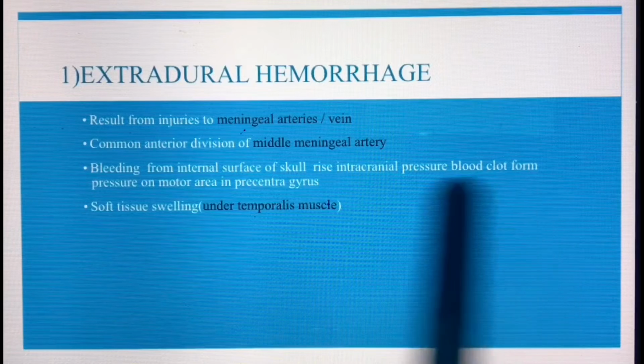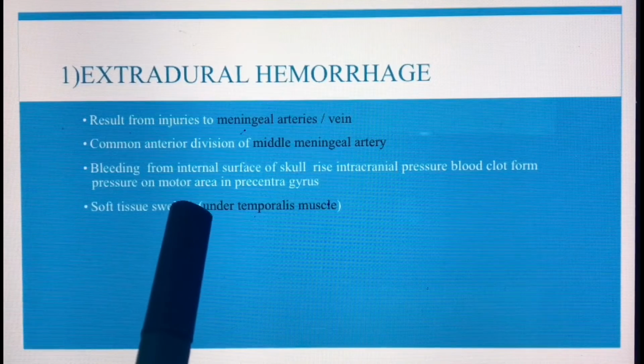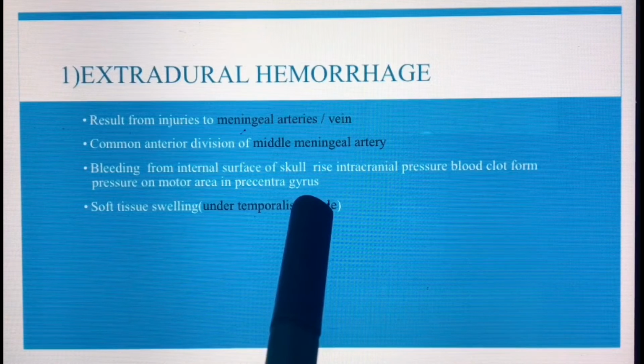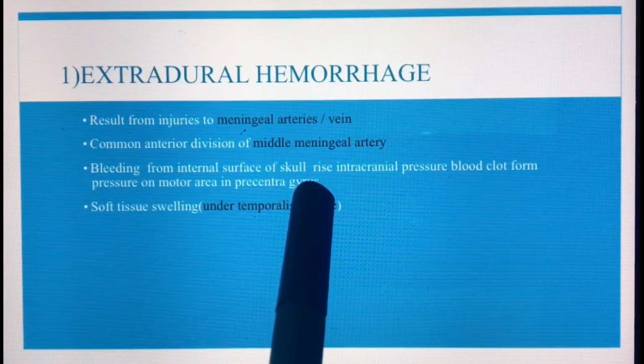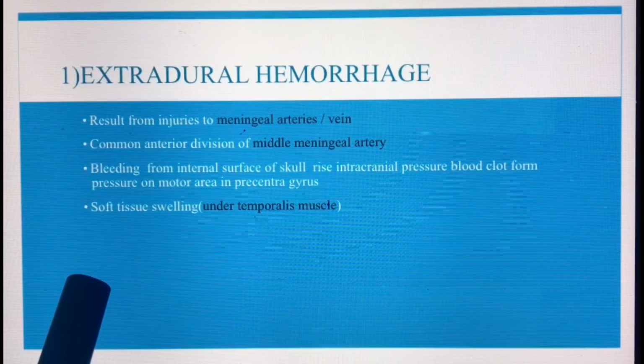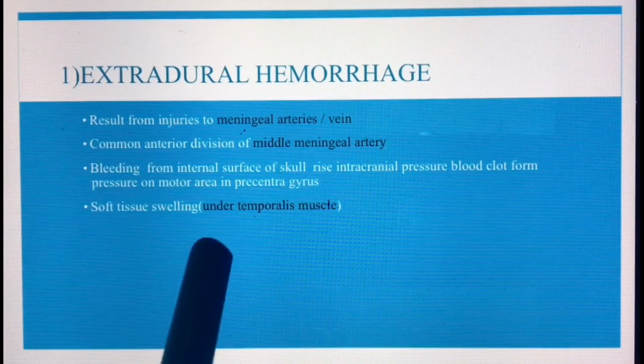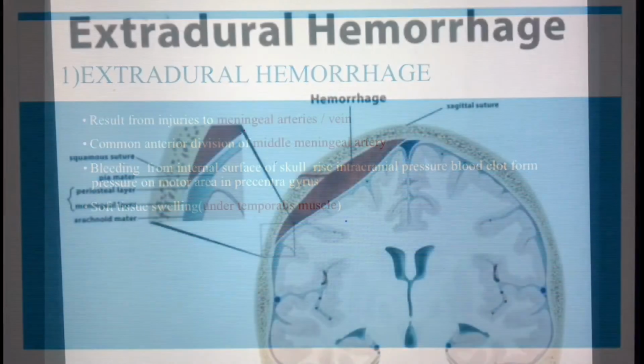The blood clot increases pressure on the motor area in the precentral gyrus, while it can also cause soft tissue swelling. Soft tissue swelling occurs when blood enters through the fracture line into soft tissues and causes swelling under the temporalis muscle area.